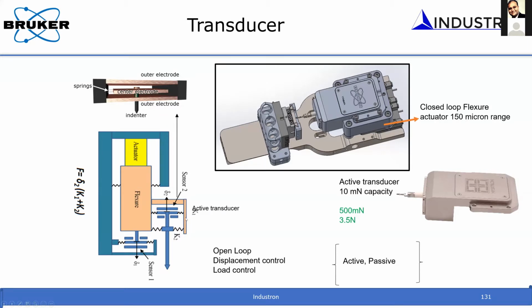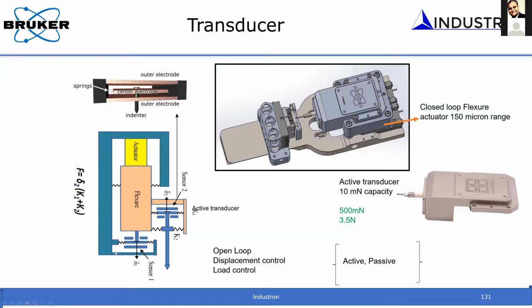And this transducer has a couple of transducers. One is the displacement sensor, which measures the displacement of this spring. In the second arrangement, you can also have an active transducer, a 3-plate capacitance transducer, which can actuate through the electrostatic force actuation mechanism.